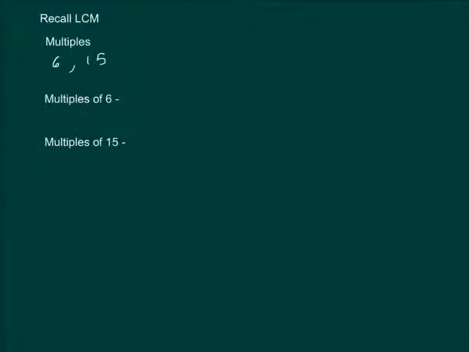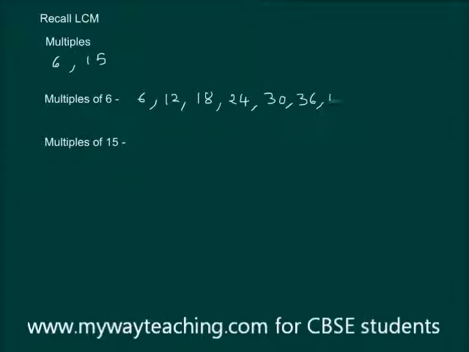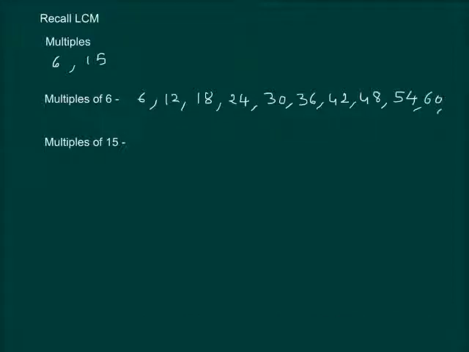Multiples of 6 will be 6, 6 into 2, 12, 6 into 3, 18, 6 into 4, 24, 6 into 5, 30, 6 into 6, 36, 42, 48, 54, 60, and so on.